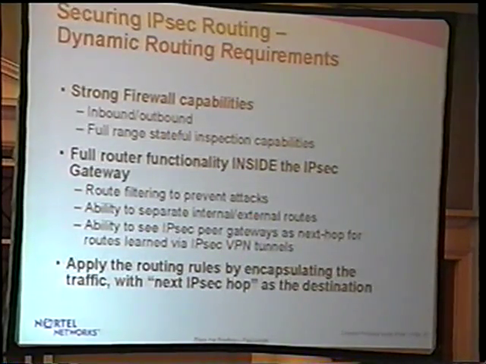Again, these are the basic functionality that you need: firewall, router functionality, and the ability to do the dynamic routing using IPsec by using your routing information to affect the encapsulation. The encapsulation then feeds directly into IPsec with a transport mode connection, and it just is routed naturally through IPsec to the destination.